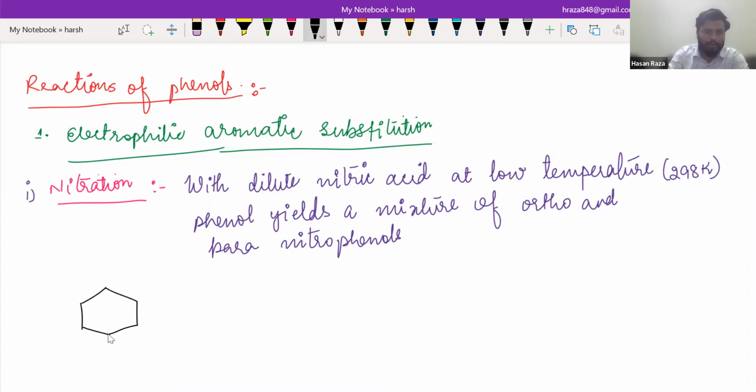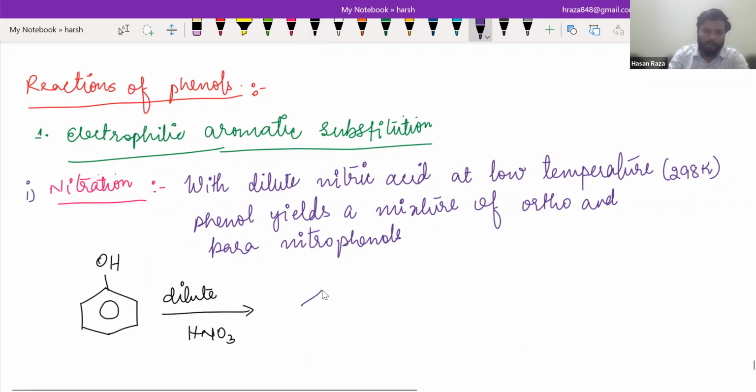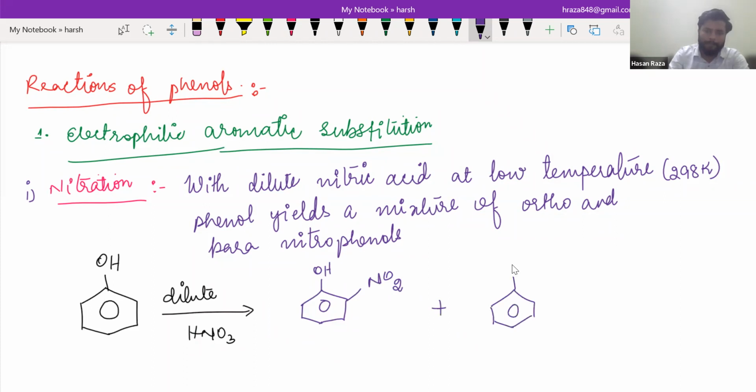So I'm going to write the reaction. You can see this is a phenol, and if you are going to treat this phenol with dilute HNO3, you will get two products. The first one is ortho, and the second one is para.